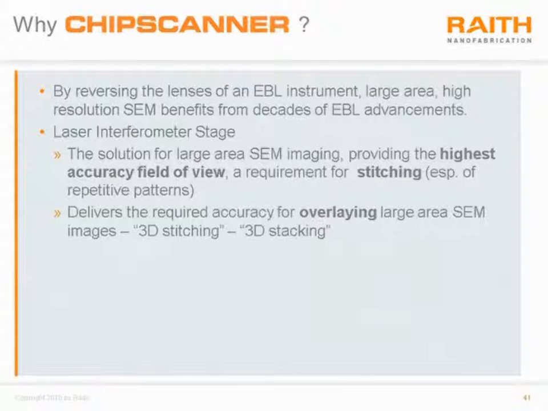So, the chip scanner has a very unique laser interferometer stage, and this is a critical piece for large area scanning electron microscopy. The laser interferometer stage is used to map out the errors of the field of view, and so all subsequent corrected fields of view with inherent accuracies can be used for imaging and stitching together of these images, which is possible with a corrected field of view and a very accurate laser interferometer stage.